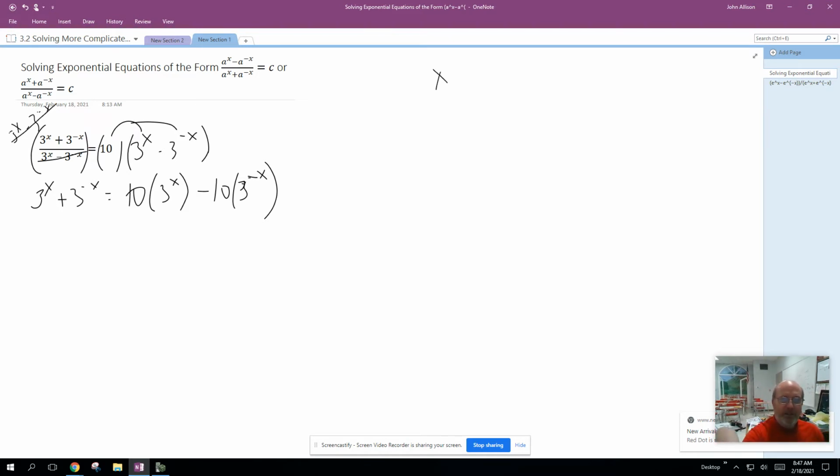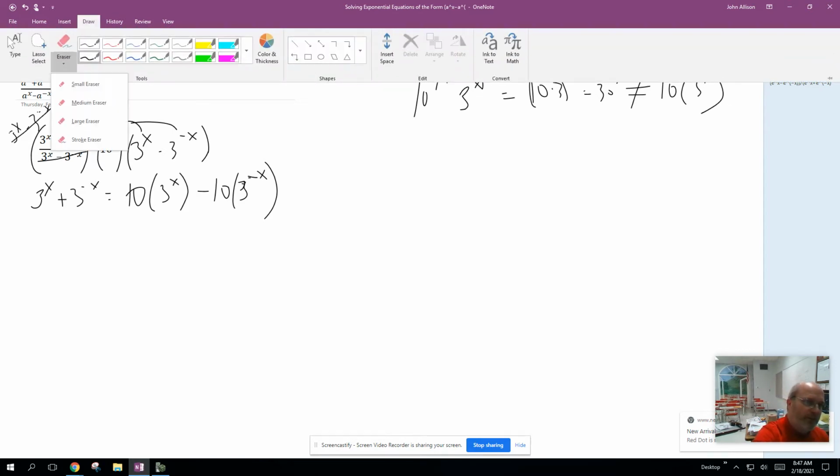If you had 10 to the x times 3 to the x, then you could say that's the same thing as 10 times 3 to the x power, or 30 to the x. But that does not equal 10 times 3 to the x power. So let's make sure we're clear on that right off the bat.